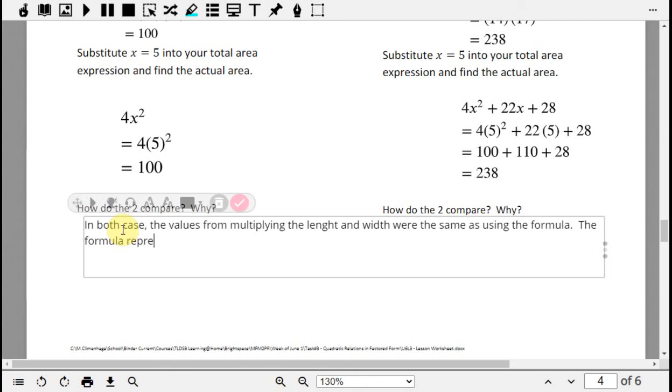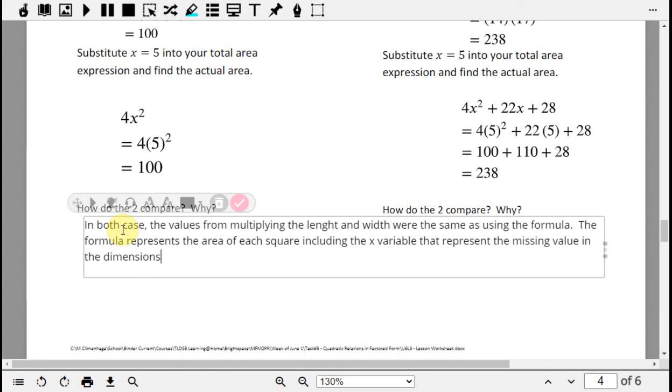The formula represents the area of each square, including the x variable that represents the missing value in the dimensions.